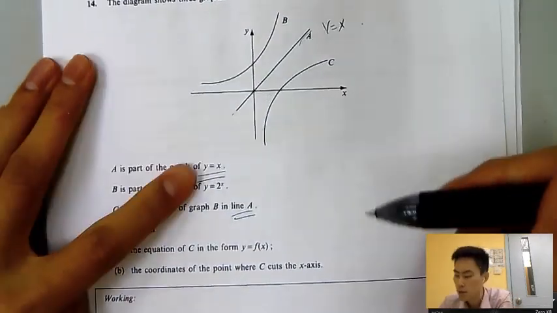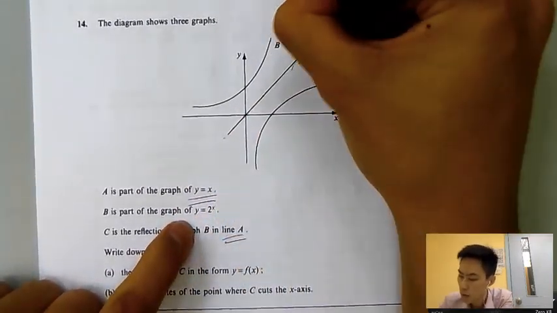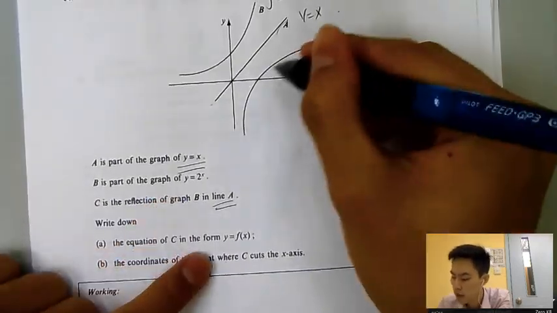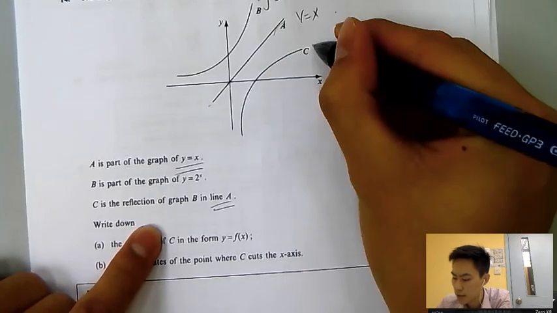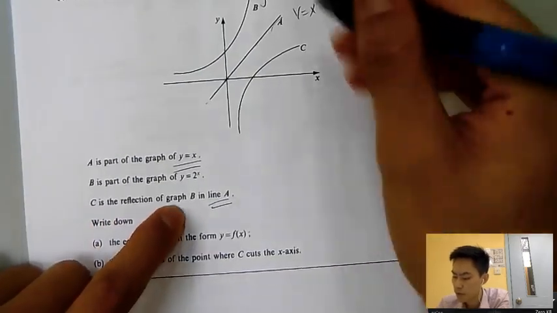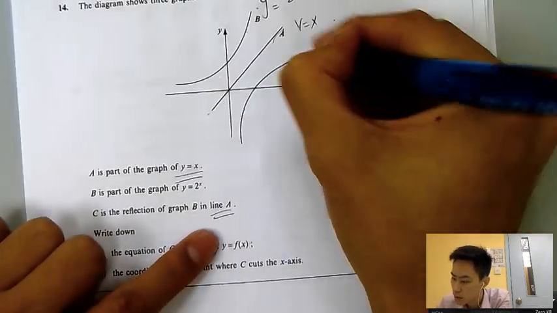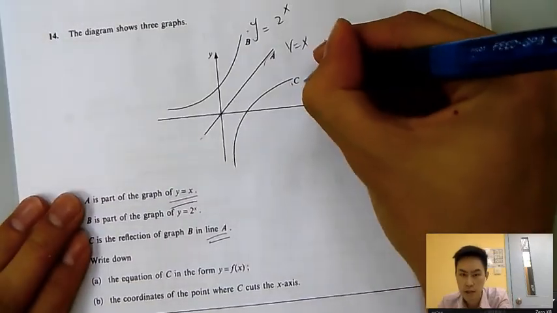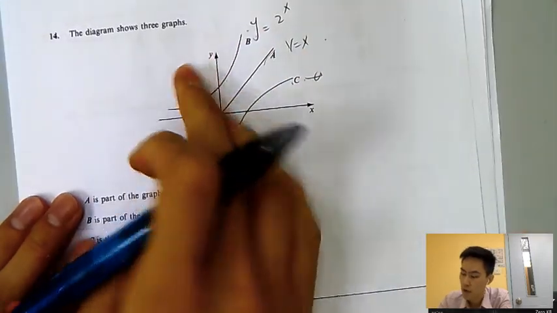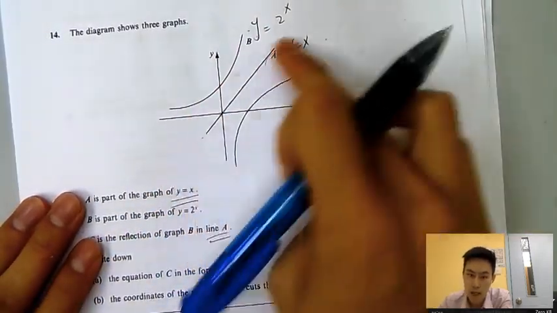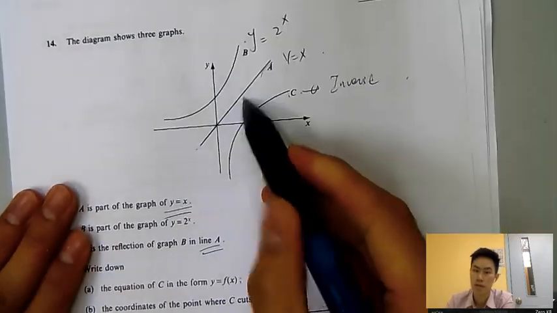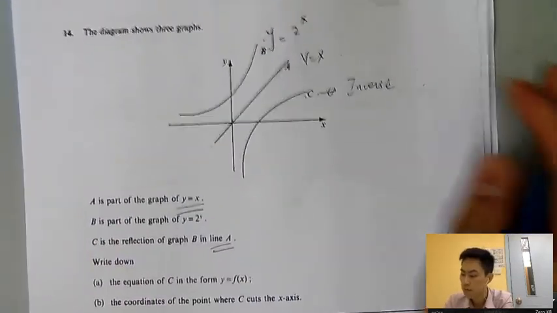I know that B is y equals 2 to the power x. You have to know that whenever the reflection is along y equals x, it's always the inverse. So C is the inverse of y equals 2 power x.